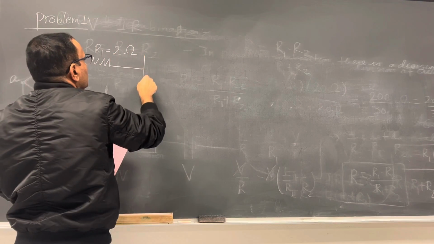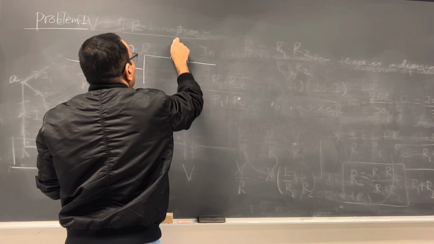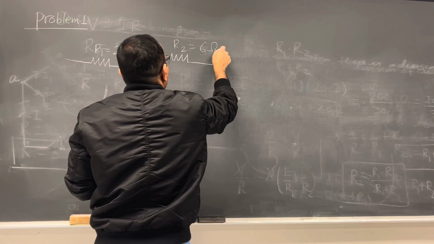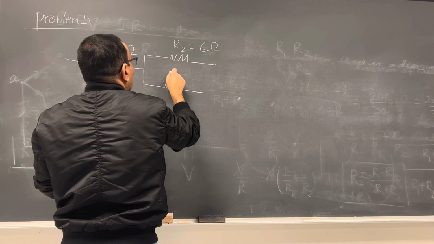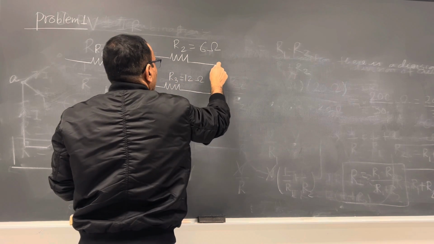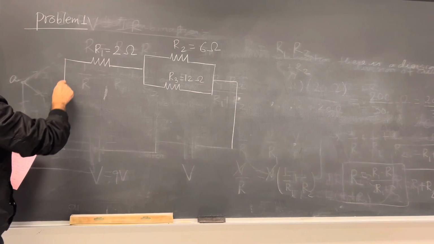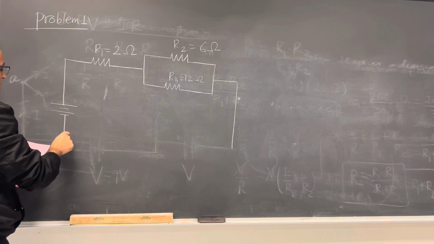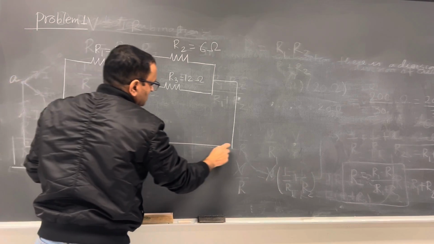And right here I have R2, which is 6 ohm, and here I have R3, which is 12 ohm, and this is connected to the battery. I want to keep the battery here, and the battery is 12 volts, okay, and connect this.